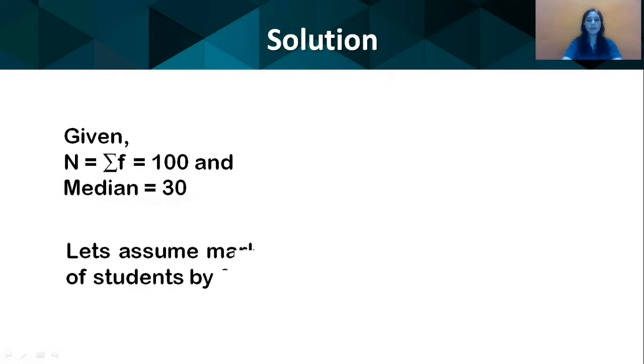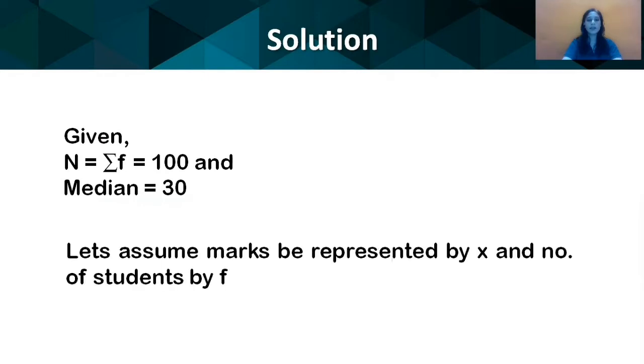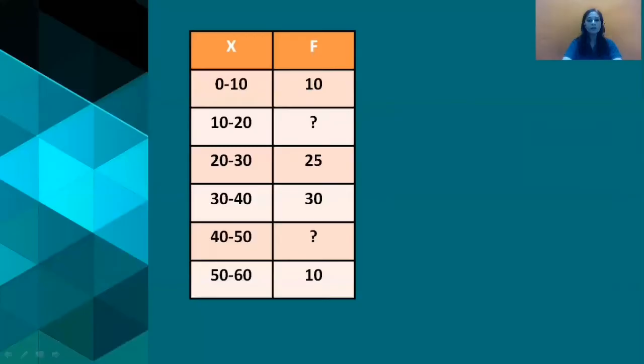I am making one assumption here: let's represent marks by x and number of students by f. So in this table, rather than writing marks and number of students, I have written x and f as per the assumption.